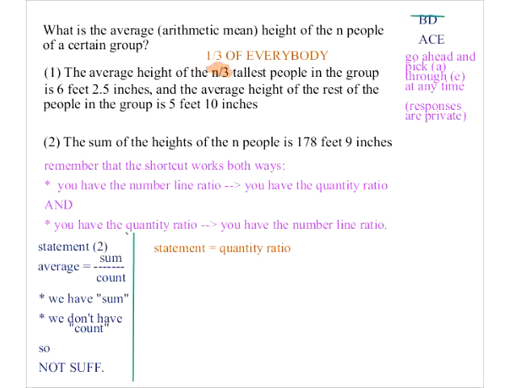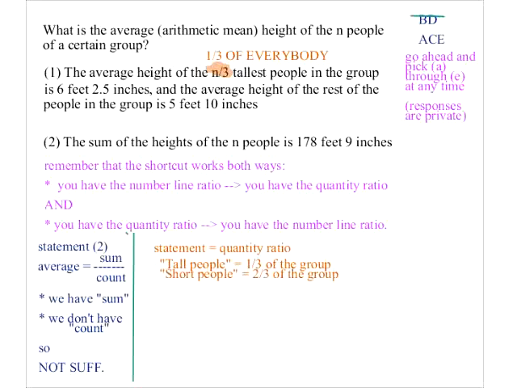Okay. Anyway, so the statement is a quantity ratio. Let's just call them tall people and short people. Tall people constitute 1/3 of the group, and short people constitute 2/3 of the group.